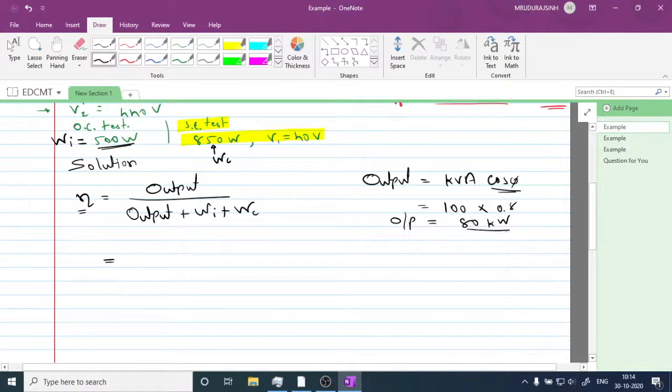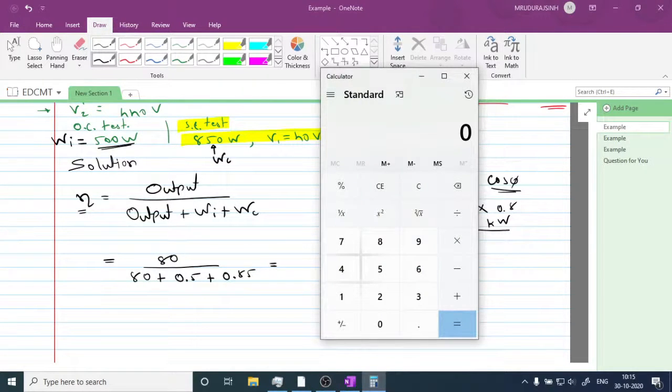So the output we have got is 80 kilowatt divided by 80 plus 0.5 kilowatt plus 0.85 kilowatt. So now let me calculate this. 80 plus 0.5 plus 0.85 gives us 81.35.